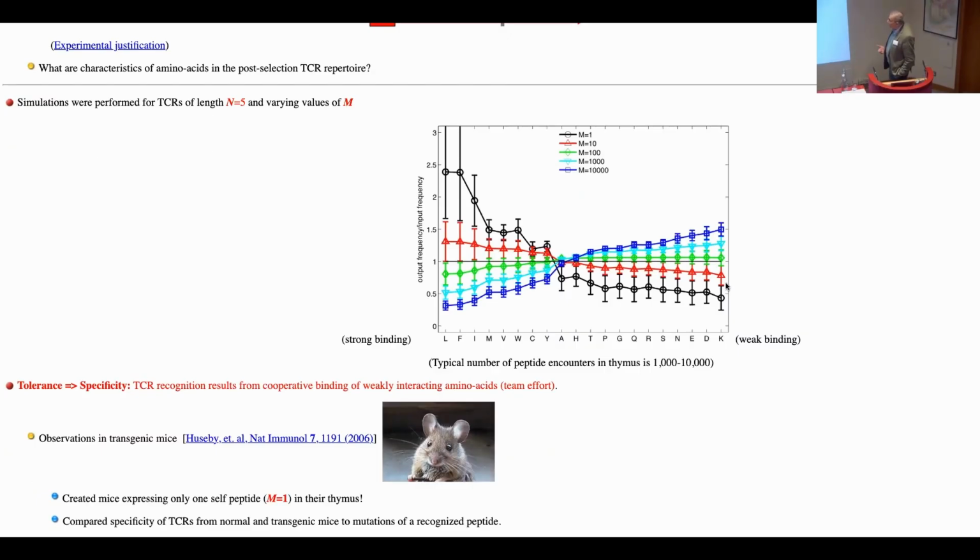The reason for the specificity is that since you are becoming self-tolerant against a large number of self-peptides and you are in this regime, then you have a preponderance of weakly binding amino acids.